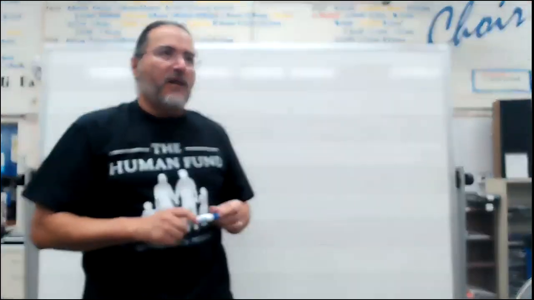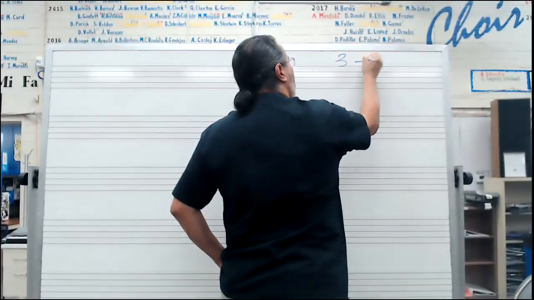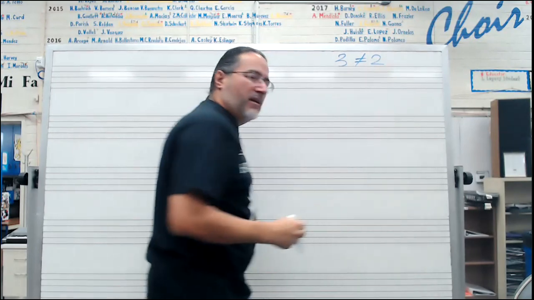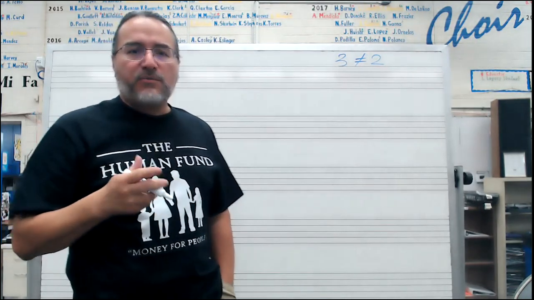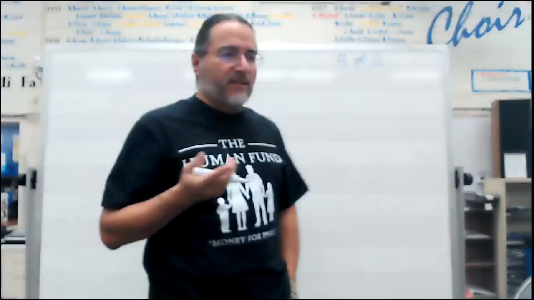On page 53, 4 commas compared. So the Pythagorean comma tells us that 3 does not equal 2. Right. 3, which represents the perfect fifth, does not equal 2, which represents the octave.